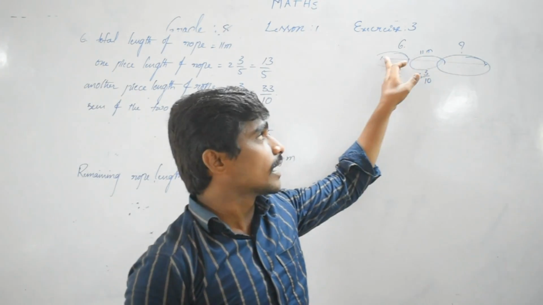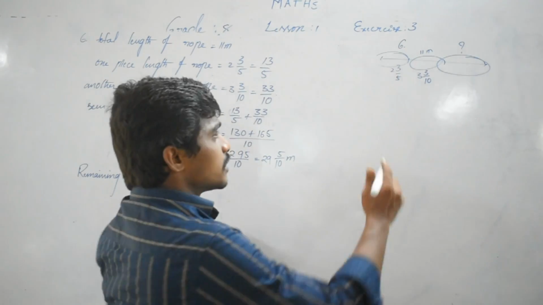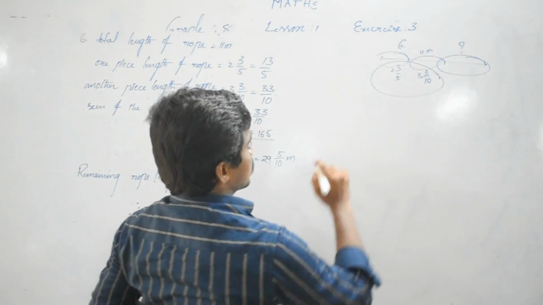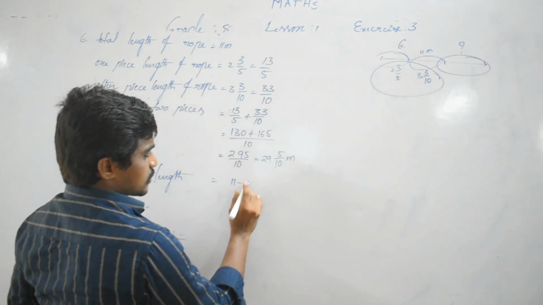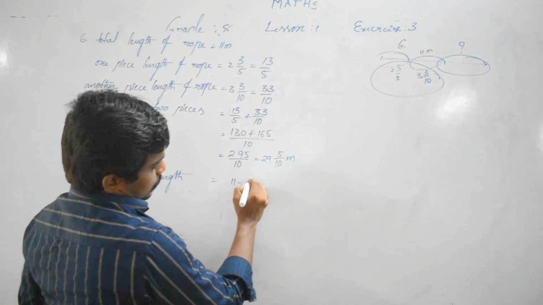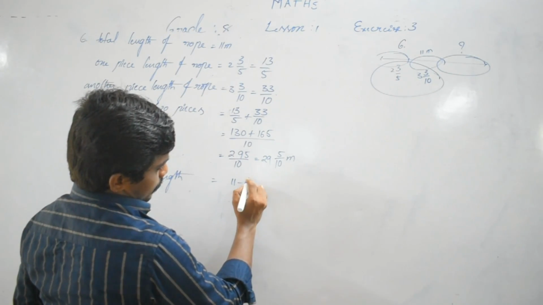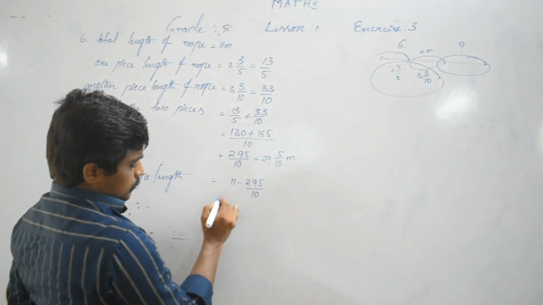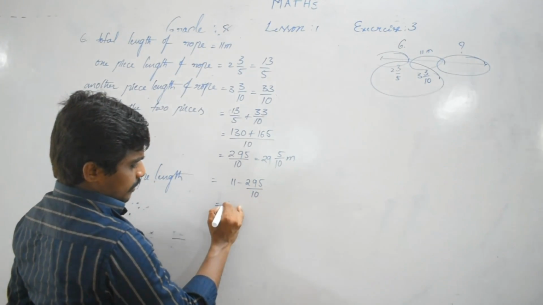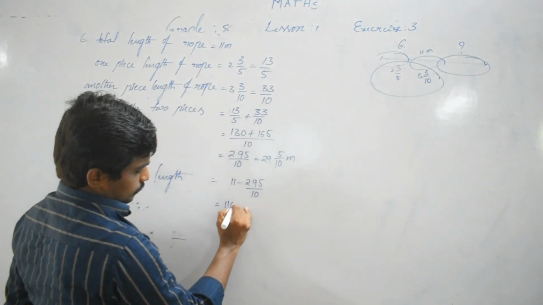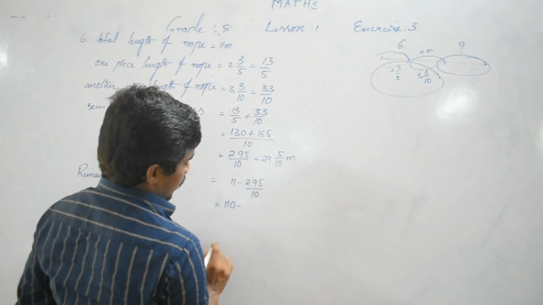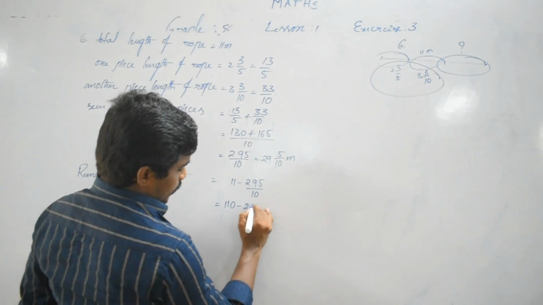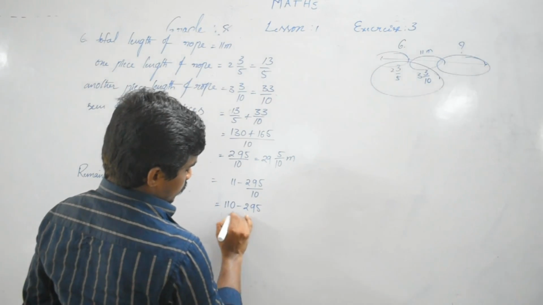So 11 minus these two we are adding, how much? 11 minus 295 by 10. So 110 minus 295 by 10.